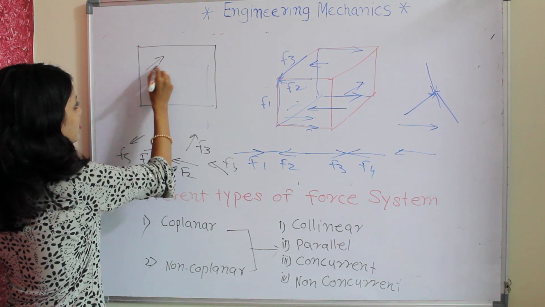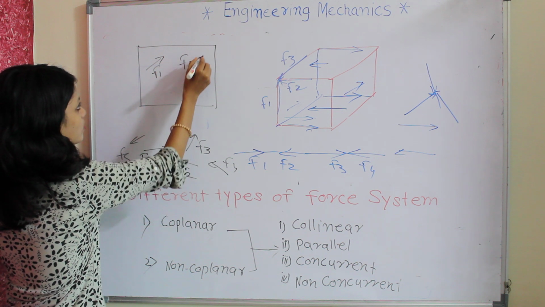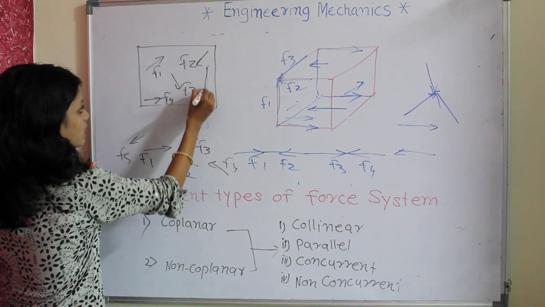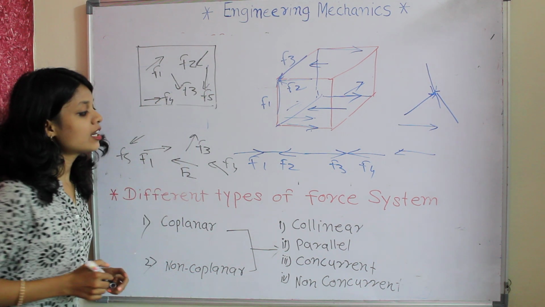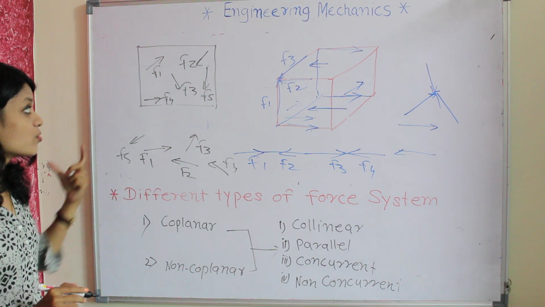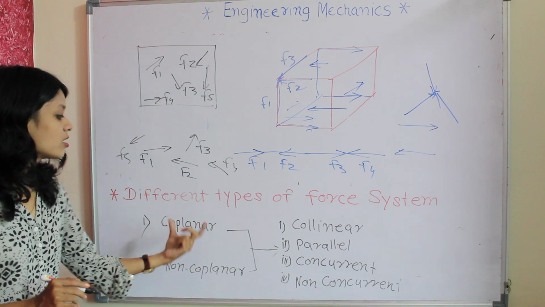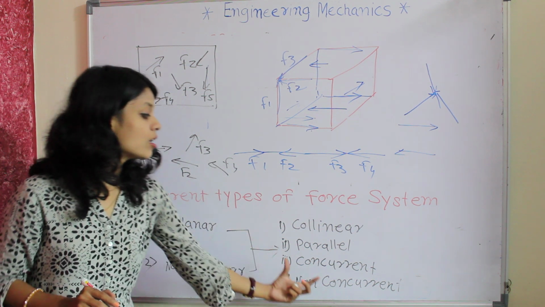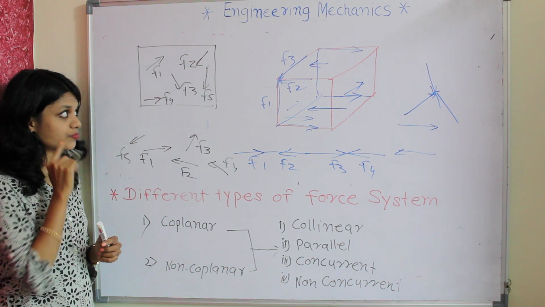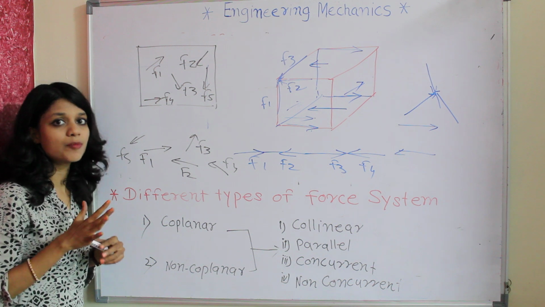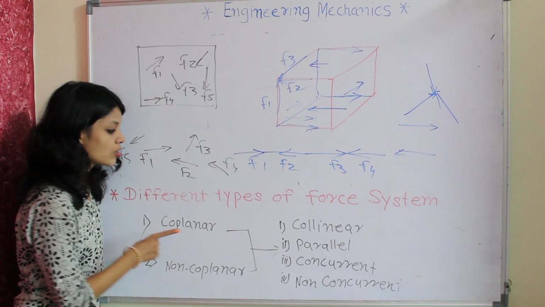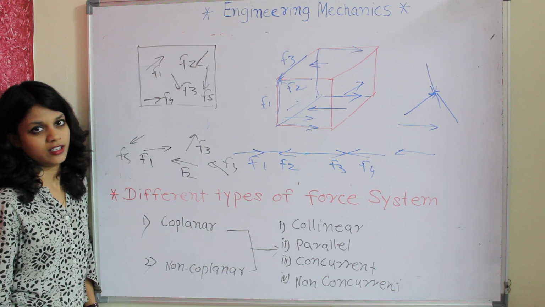When forces F1, F2, F3, F4, F5 lie in the same plane but do not pass through a single point, then they are called coplanar non-concurrent forces.